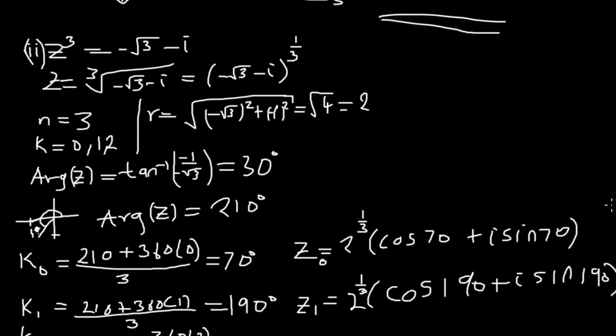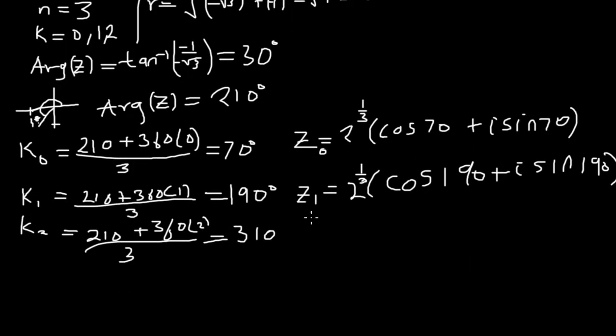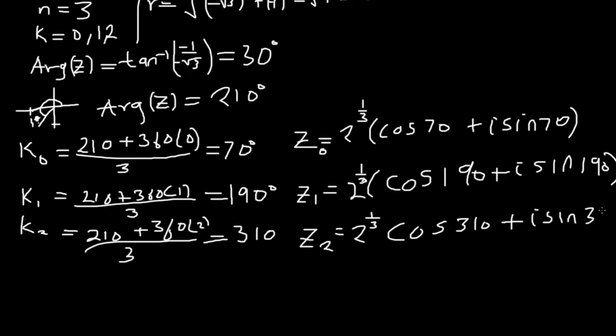From there again you take your k. When k is equal to 2, you find your z2. The magnitude will still be the same, 2 to the power 1 over 3, and then this is going to be cos 310 plus i sine 310. Then you put them in brackets like that.